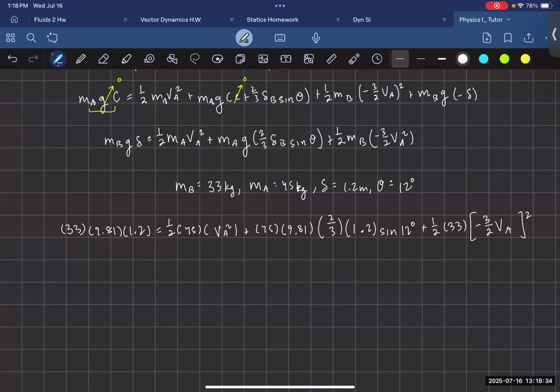solve for using the quadratic formula. Or, as I'm looking at it, we won't even need the quadratic formula. We can just isolate velocity of A. But I'm going to put it into my calculator and let my calculator do it for me.